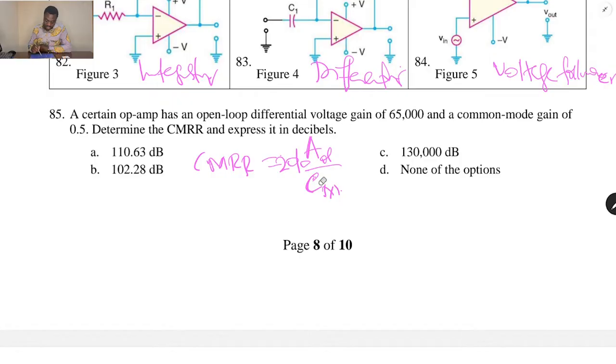So we now have 20 log of 65,000 over 0.5.